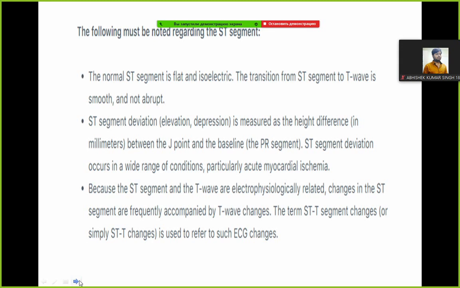Normal ST segment: the ST segment is flat and isoelectric. The transition from ST segment to T wave is smooth and not abrupt. ST segment deviation, elevation and depression, is measured as the height difference between the J point and baseline once again.